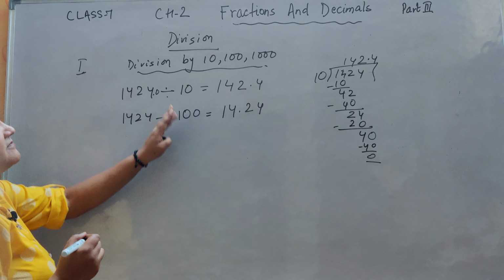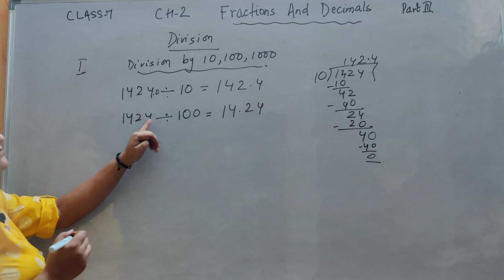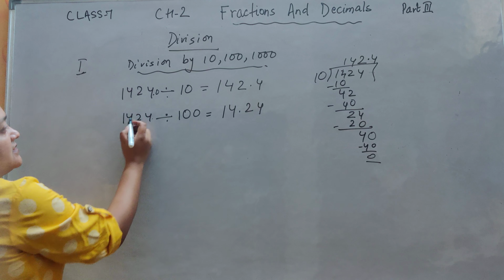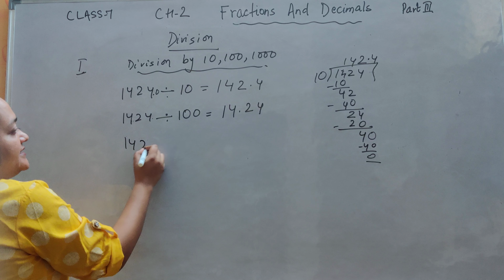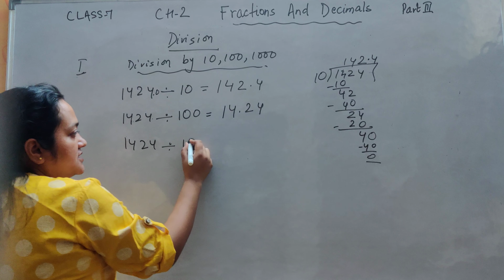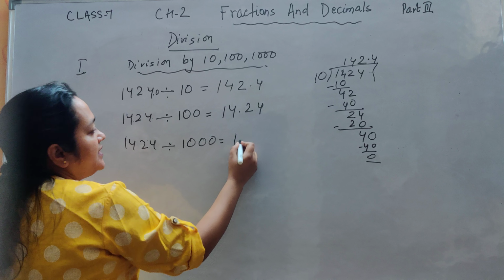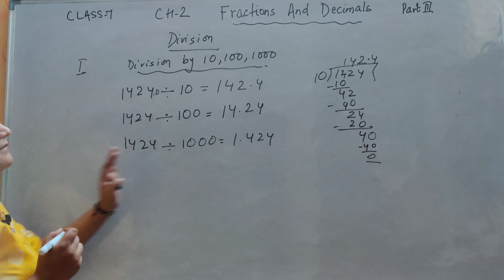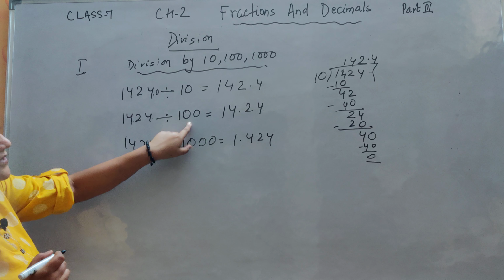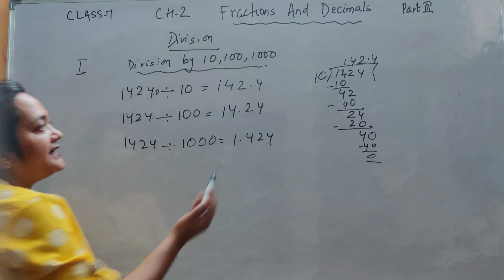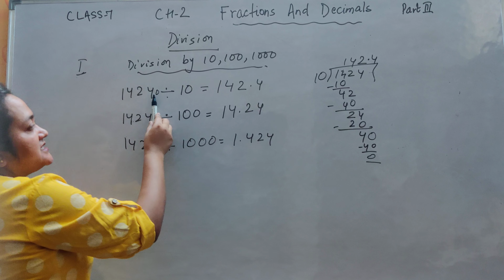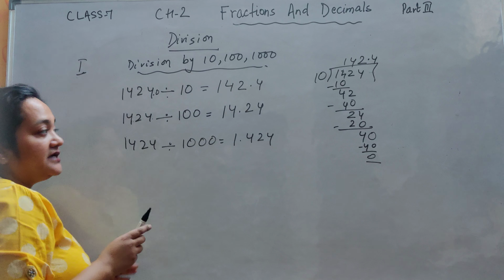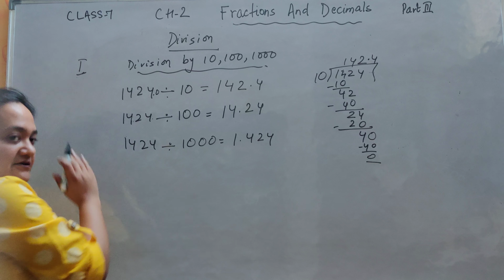So by dividing it by 100, my decimal is moving two places. Similarly, if we divide this number by 1000, my answer would be 1.424. So every time I am dividing with 10, 100 and 1000, my decimal will move one place, two places and three places respectively towards the left.